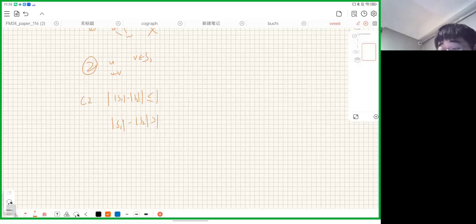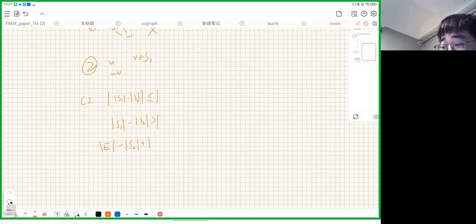Then what will happen? If we move any element in S1 to S2, and then recreate all the edges based on the rules, we will create another graph with no triangle. But what's the number of edges there? By removing one element from S1, we remove S2 number of edges.